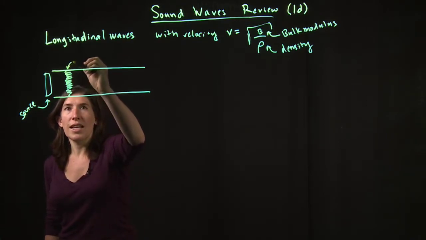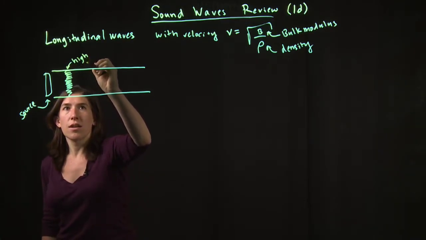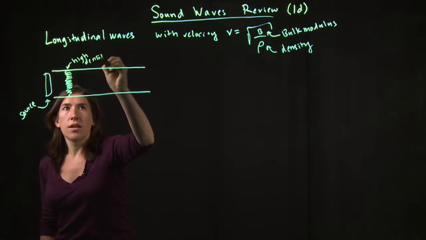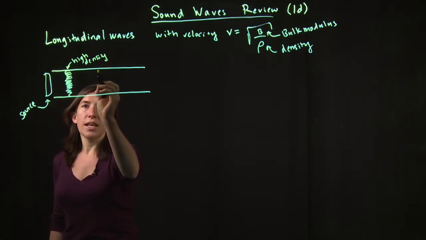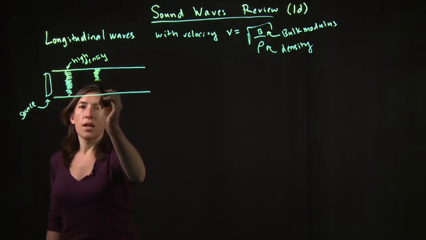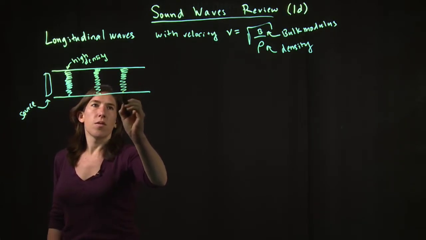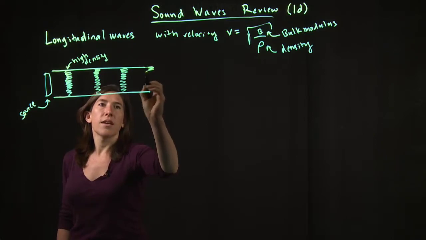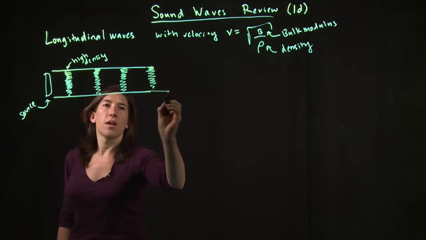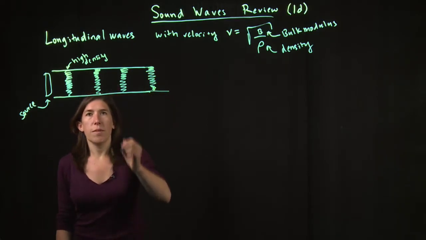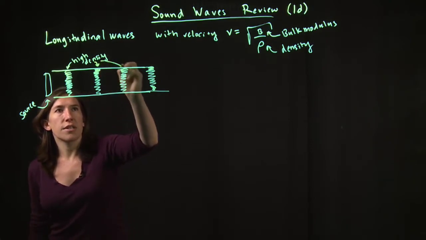So this is a high density region. We're sending a sinusoidal sound wave, and so with some particular period, we'll have many copies of these high density regions, right?